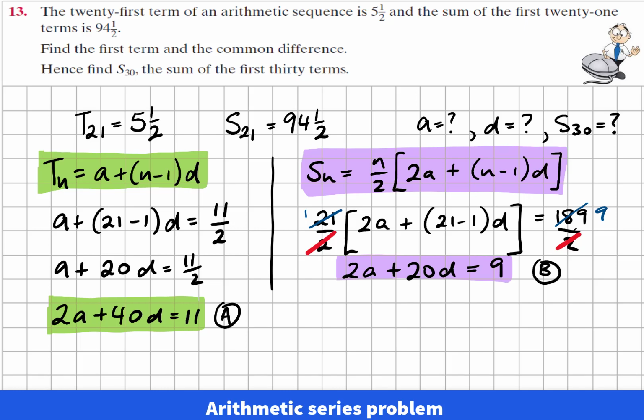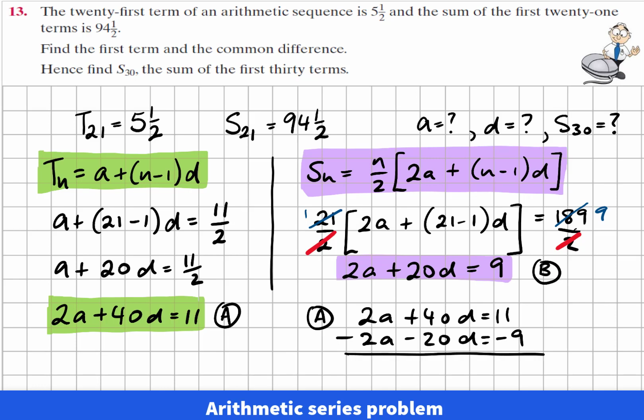So solving these simultaneous equations, I might notice that if I have B, I'm going to have A minus B. So I'll write down A as it is, and take away B. So that gives me 20d is equal to 2.